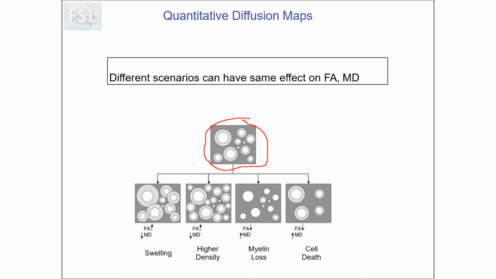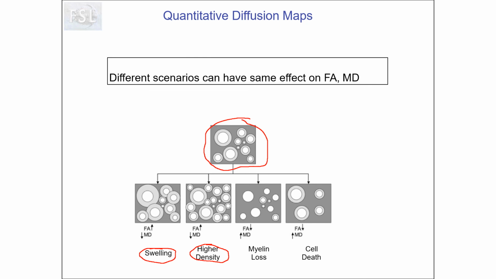We could have increased FA, lower mean diffusivity, and have higher density. So again, swelling could be bad. Higher density might be good, meaning someone has high FA, low mean diffusivity just because they happen to have many more axons in an area.